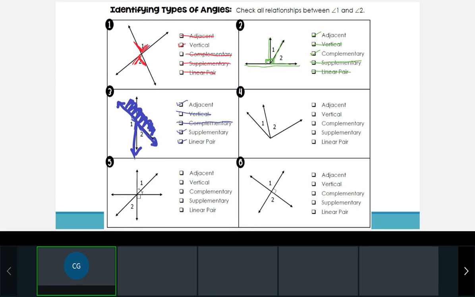If you think they're adjacent, click 1, vertical 2, complementary 3, supplementary 4, linear pair 5. What do you think?